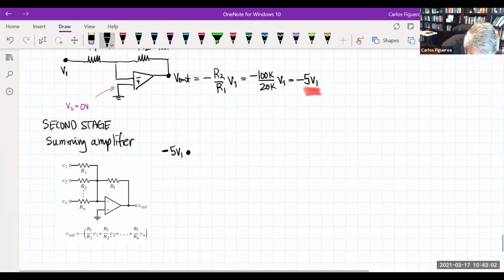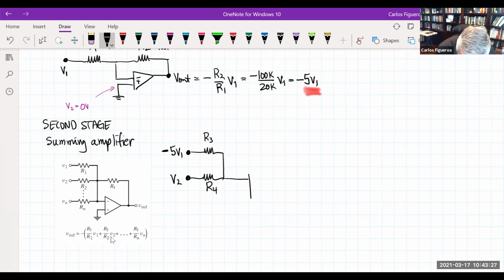So then I come in here and set a resistor. How about if I call this one R3? And then there's a second input, which I'm going to call V2, with resistor R4. And this now goes into the op amp, which is then connected to the ground.